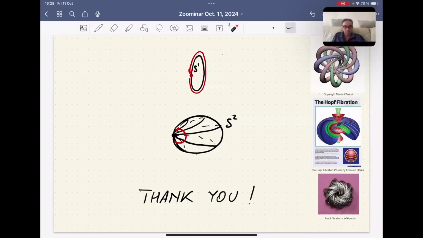It's certainly the case when it comes from a fibration, and in general, right now I don't see it. But you're certainly right. In full generality, it's certainly the case from a fibration.